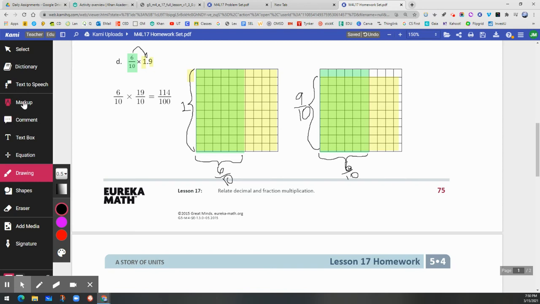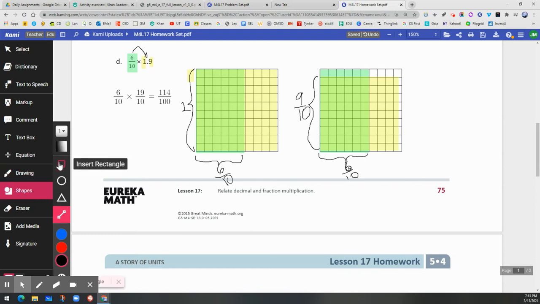All right, so let's do this. Let me use a shape right here. If I count this, that's going to be 1, 2, 3, 4, 5, 6. Okay, 6 times 1, 2, 3, 4, 5, 6, 7, 8, 9, 10.